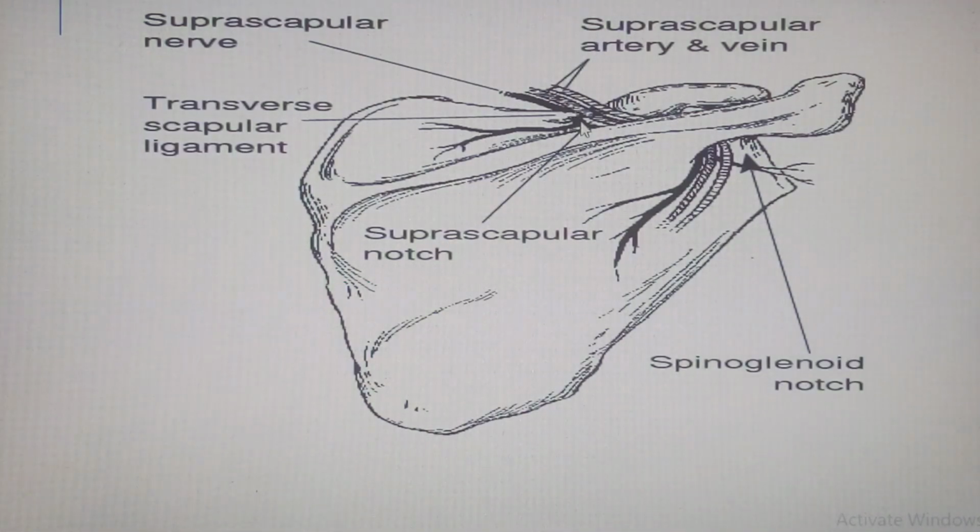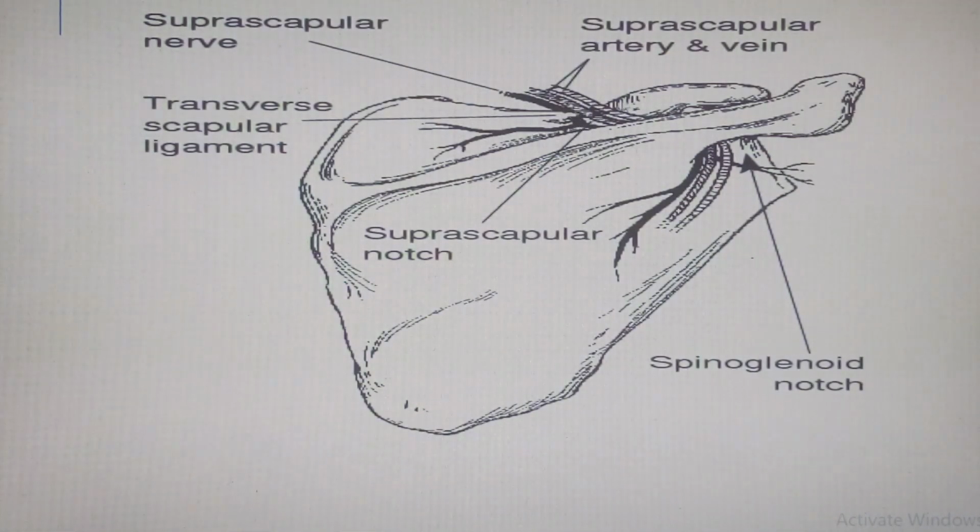Now this notch will house the suprascapular nerve, the dark structure. So you see the dark structure running deep over here will be the suprascapular nerve. But running above the notch, or above the transverse scapular ligament, will be the suprascapular artery, as well as the vein. Artery for above, so it will run above the suprascapular notch.